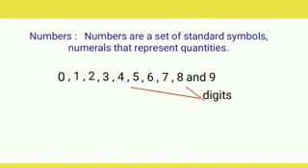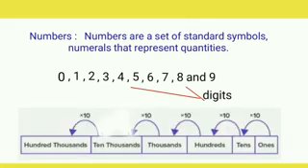Each of the symbols is called a digit. Now, if you look at the picture, each place to the left is 10 times greater than the place to its right. That means moving from right to left, the place value increases 10 times with each place. So the places are ones place, tens place, hundreds place, thousands place, ten thousands place and so on.